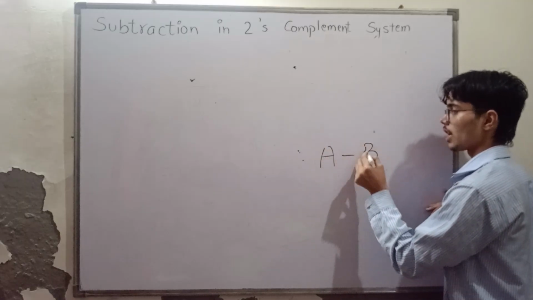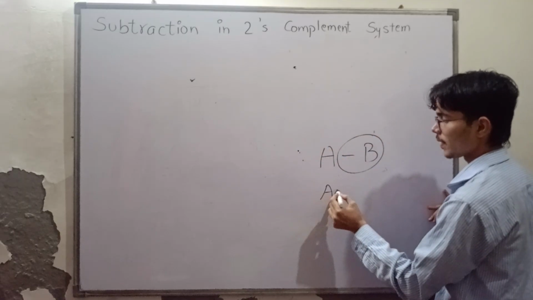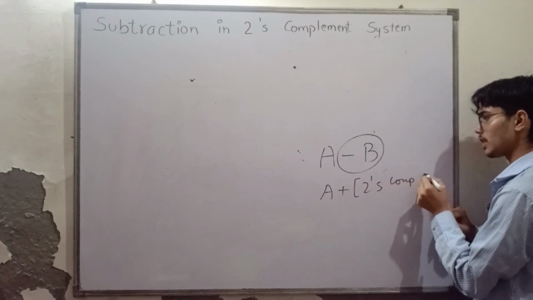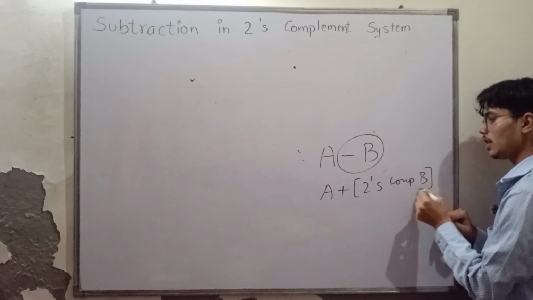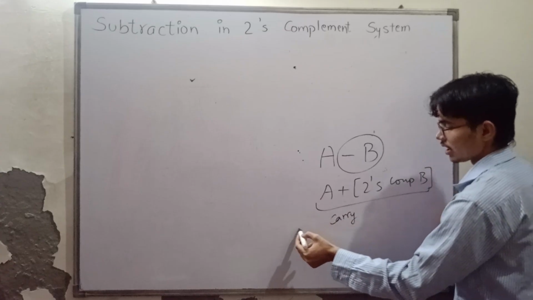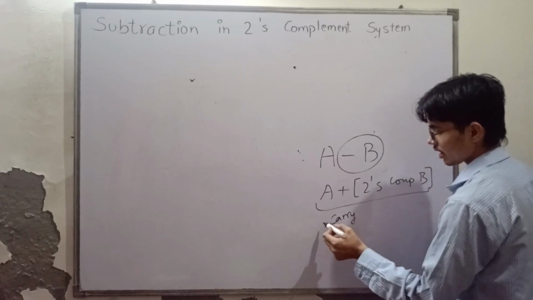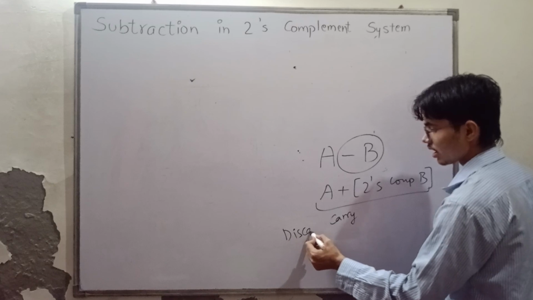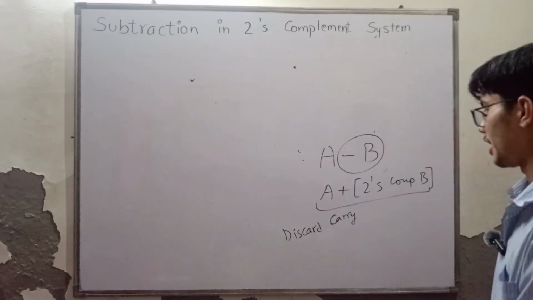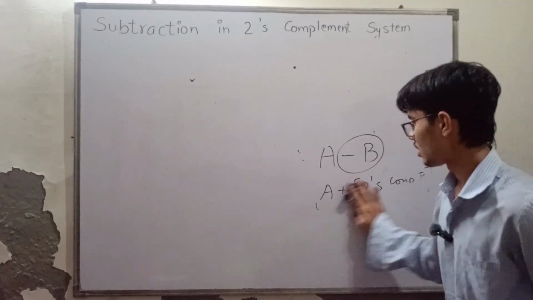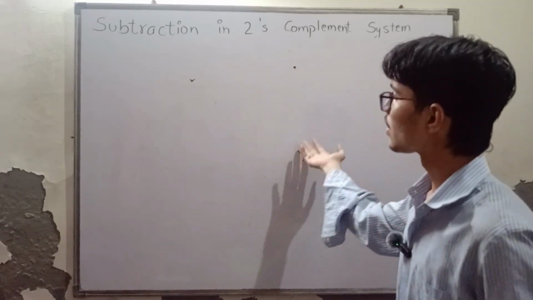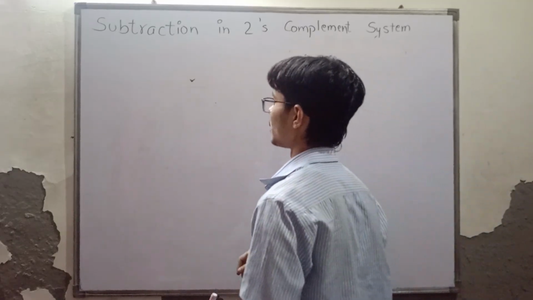A minus B: take the 2's complement of B and just add. If carry is generated, discard the carry. Just a simple intuitive thing here, like we have also done in previous examples.